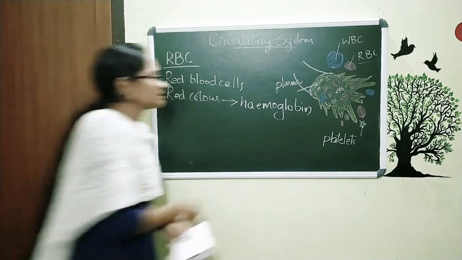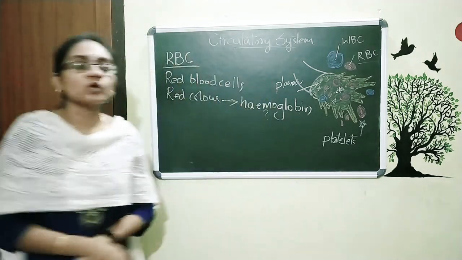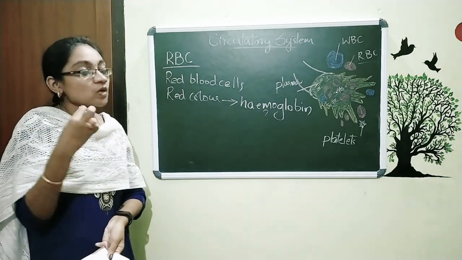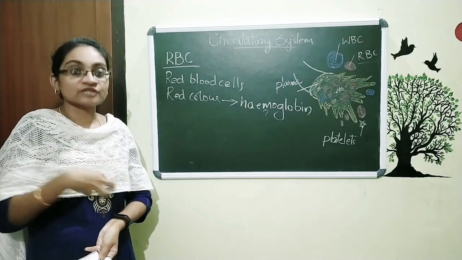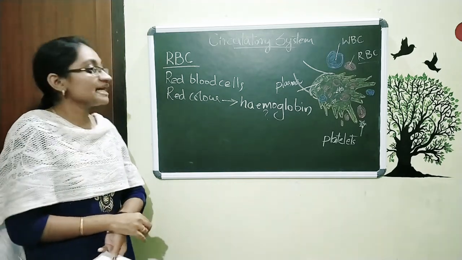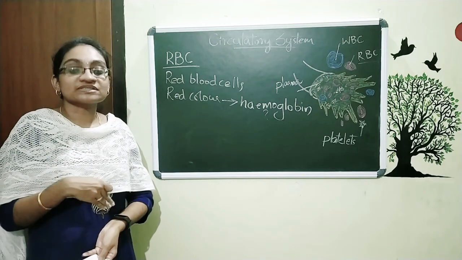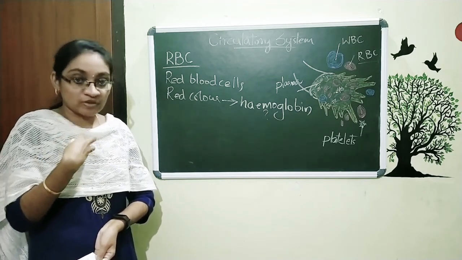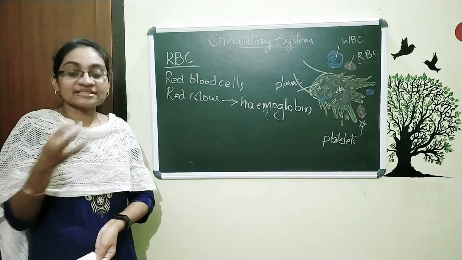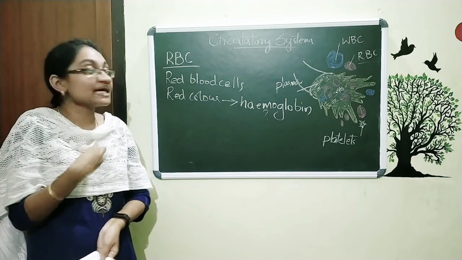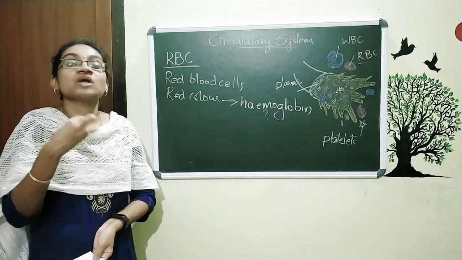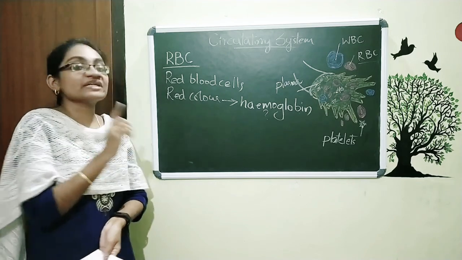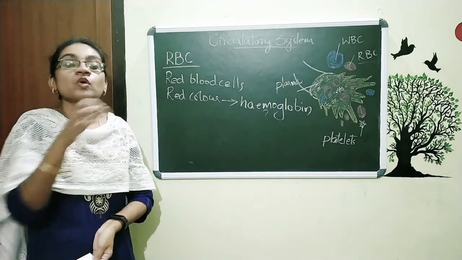Now the question is, what is the function of hemoglobin? The function of hemoglobin is to carry oxygen from our lungs to other parts of our body. We take in air to our lungs through our nose. When this air reaches our lungs, hemoglobin collects the oxygen from the air and takes it to all other parts.